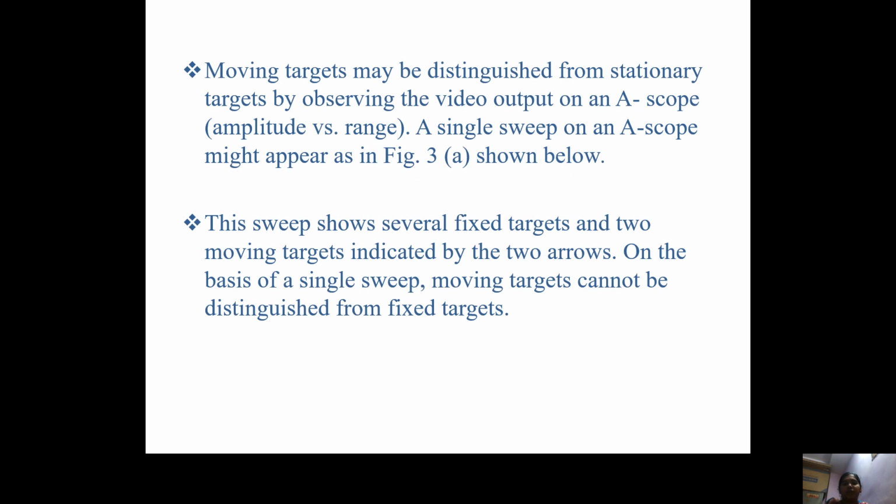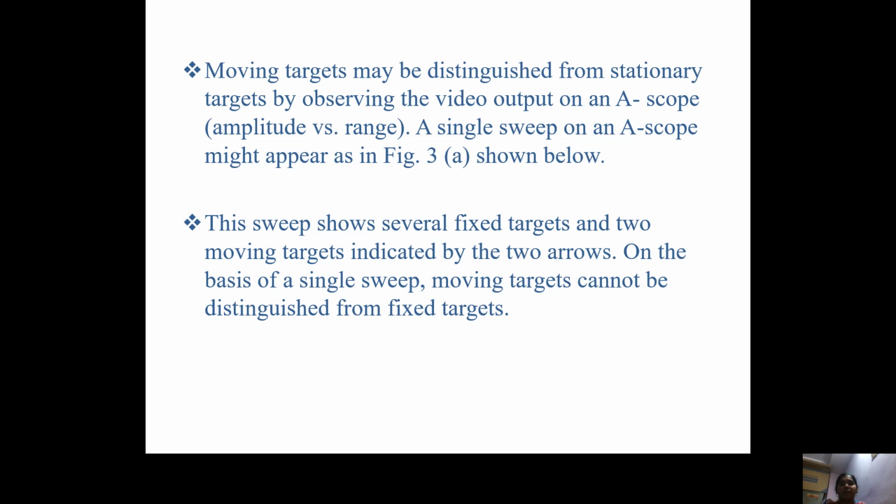As I have told you earlier, the received signal from the moving targets can be seen on the A-scope, which displays the different sweeps in terms of voltage versus range. Here a single sweep on an A-scope can be shown, or multiple sweeps also can be shown.